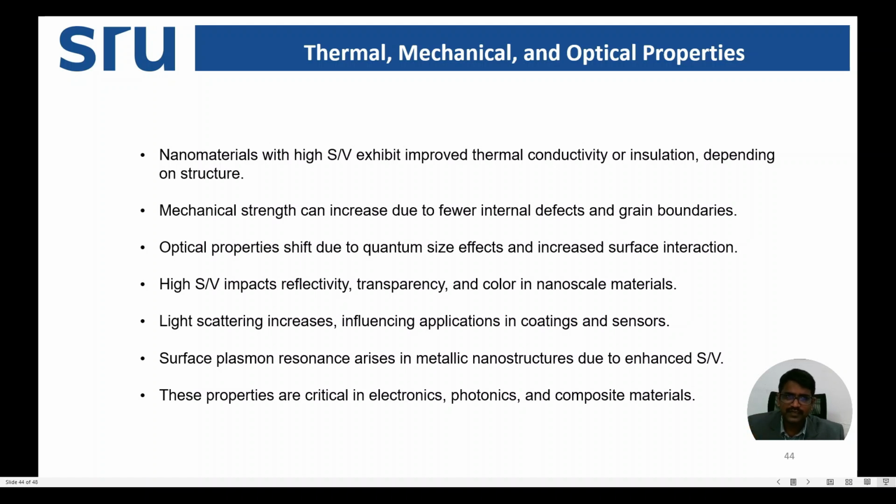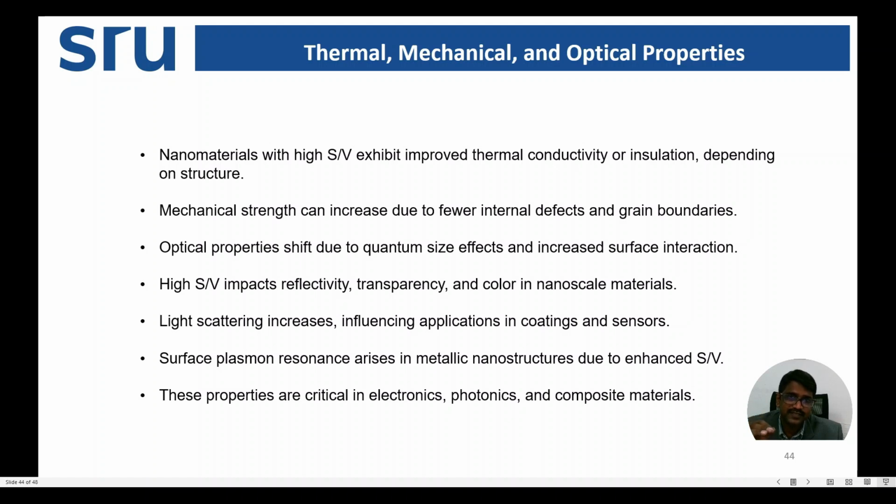Mechanical strength is one of the major properties related to mechanics. How can we improve mechanical strength? In our previous classes we discussed that by using nanomaterials we can make lightweight materials that yet have more strength.